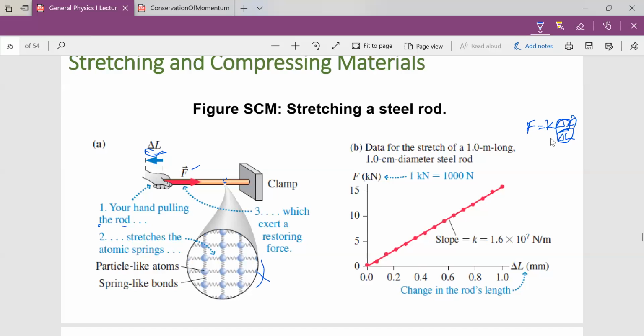It's not noticeable, but it exists on the atom or the particle, so that it's stretching like a spring. So when the hand releases it, there will be a restoring force, a compressing process will happen.